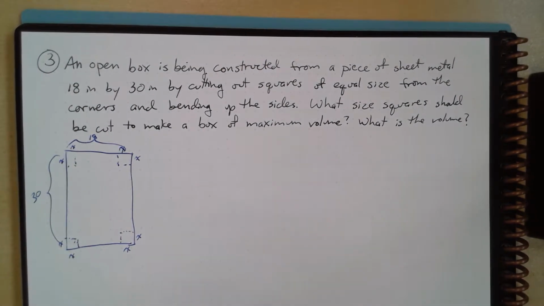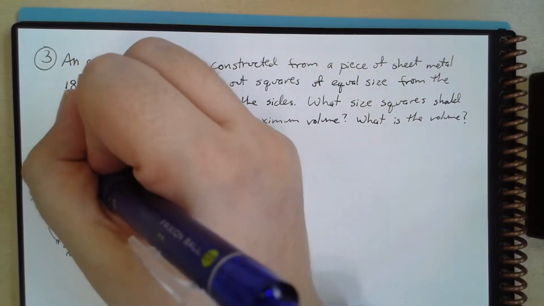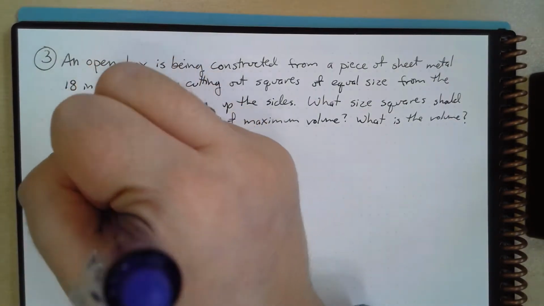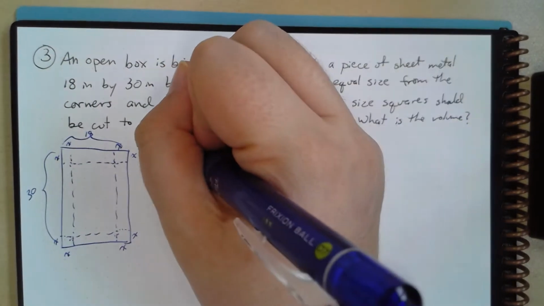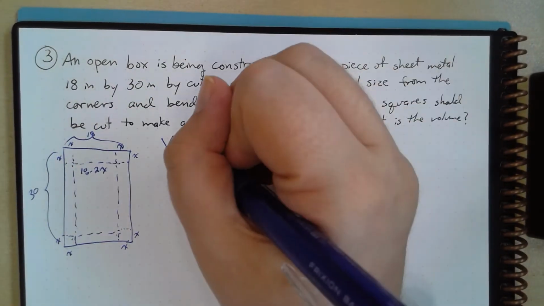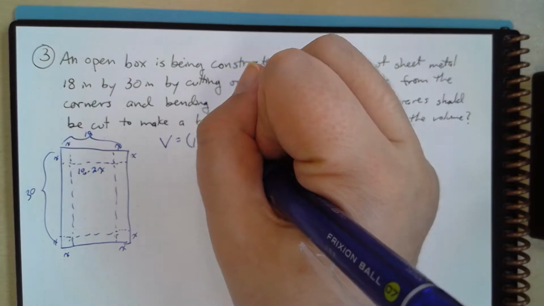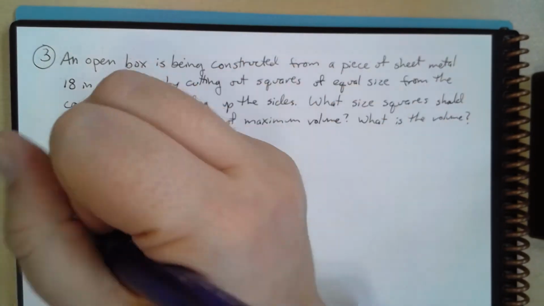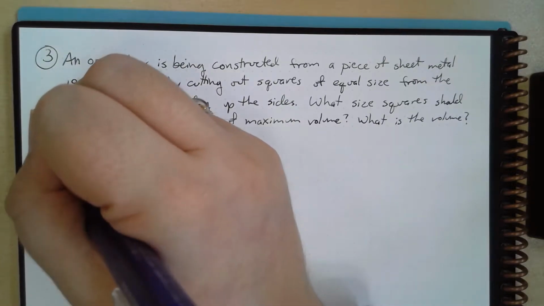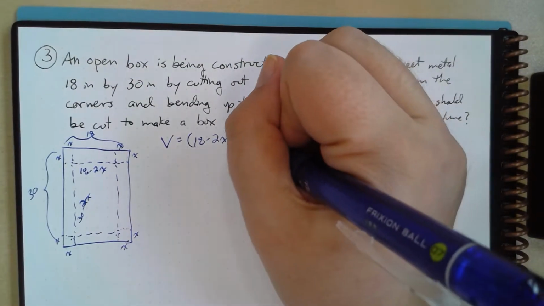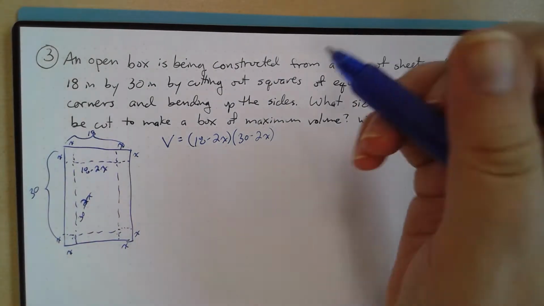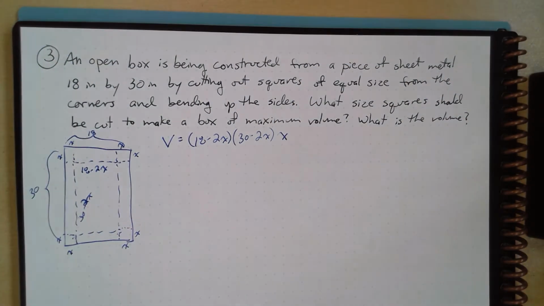So the volume of this, well, what's the volume of this box going to be? That's what we're asked, right? So the volume of our box is going to be equal to 18 minus 2x, times 30 minus 2x, that's this length here, so that's our length and our width, times our height, which is just x, okay?